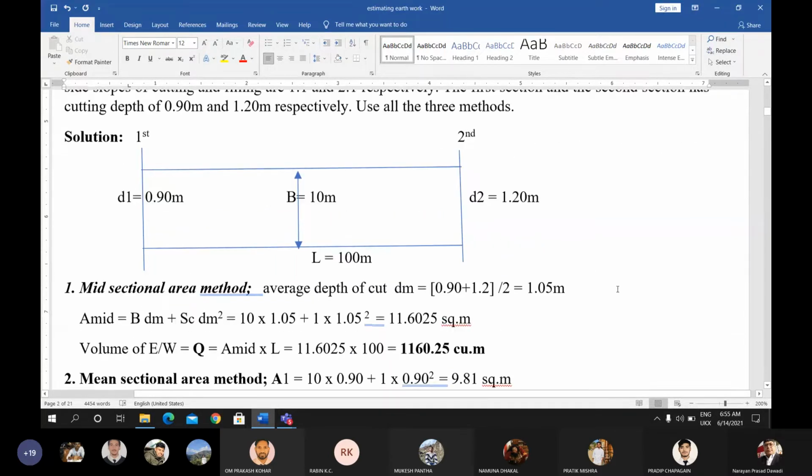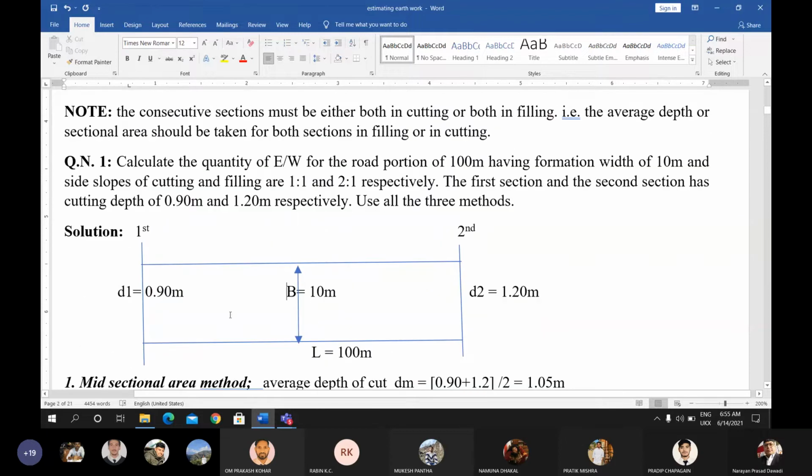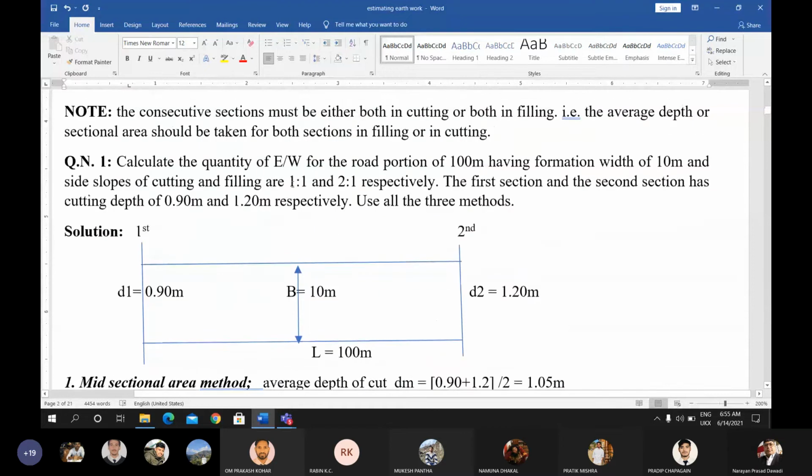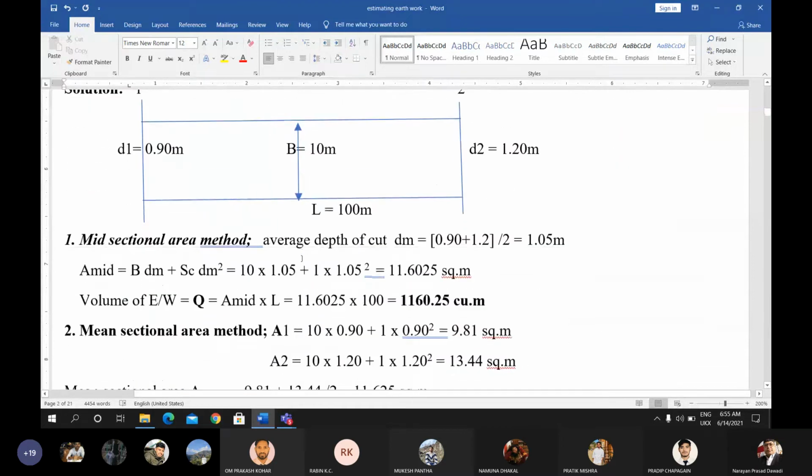Using the mid sectional area, first take the average depth. Average depth dm is equal to 0.90 plus 1.20 divided by 2, that is d1 plus d2 divided by 2, and the value will be 1.05. Using this average depth, find the area mid: B dm plus S dm square. S must be the cutting side slope, SC, which is given as 1:1, so SC is 1.